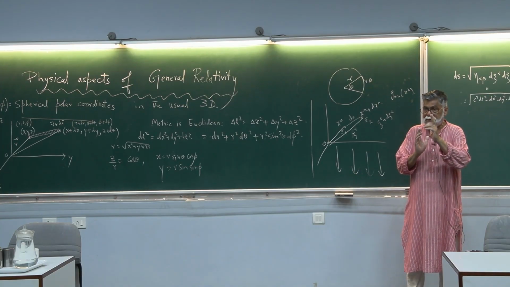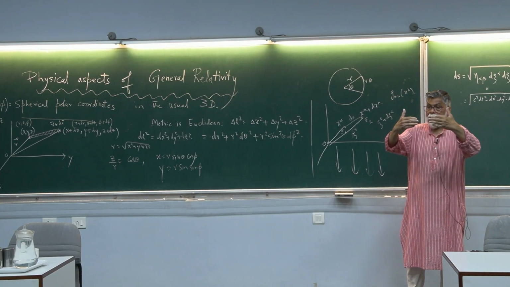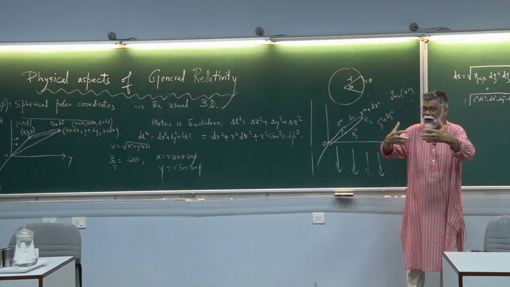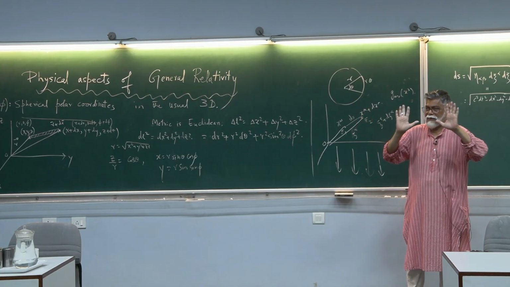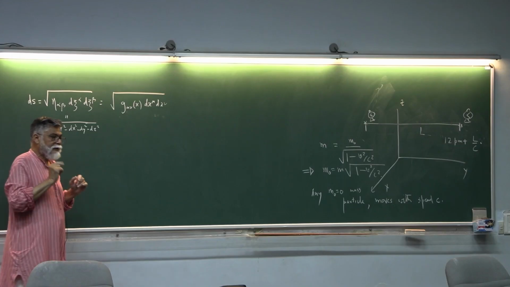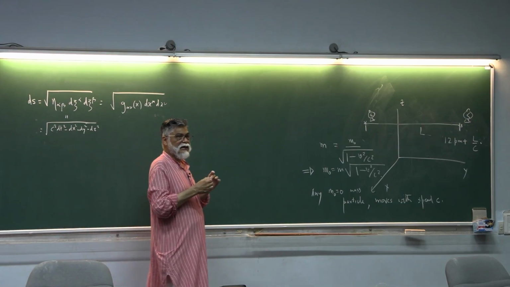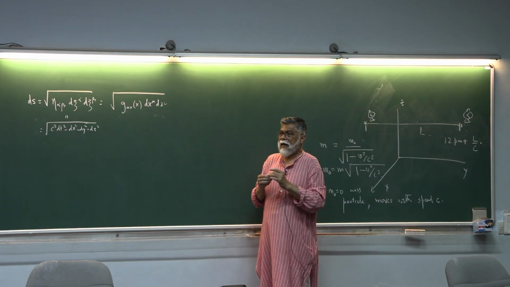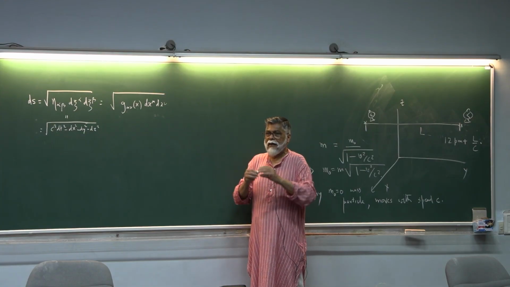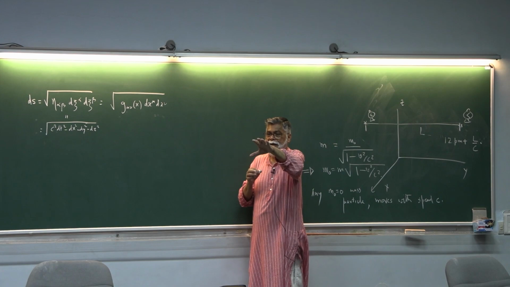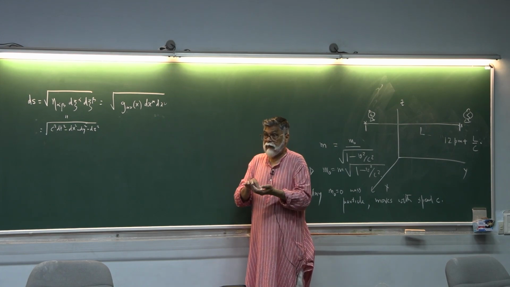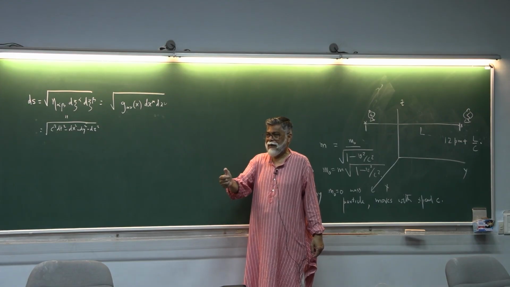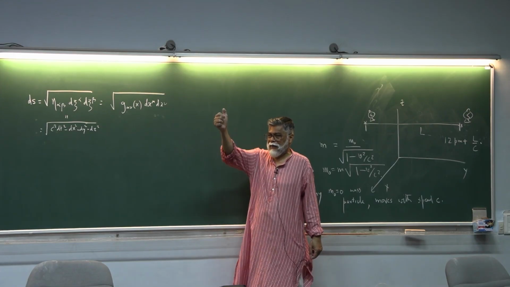So I'll talk about two examples where we make a correspondence with measurement in curvilinear coordinate system. One is the gravitational time dilation or gravitational redshift. Anuj has done it in a particular way, as to why clocks go slower in strong gravity compared to weak gravity.